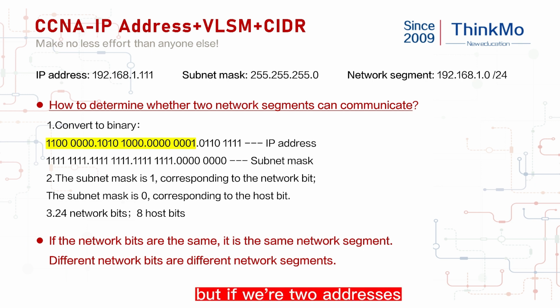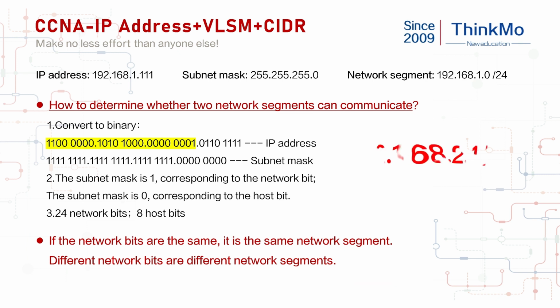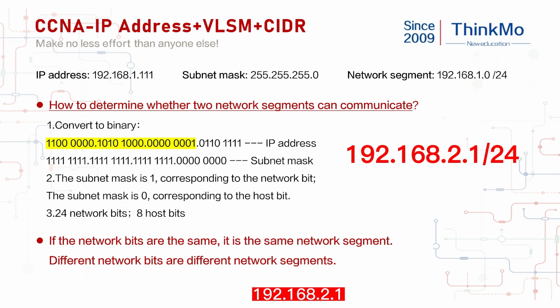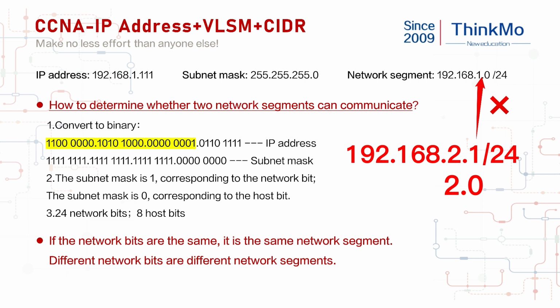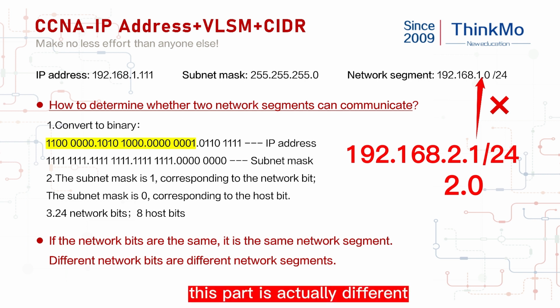But if for two addresses, for example, I now have 192.168.2.1, such an address also has a 24-bit mask. That is equivalent to the 2.0 network segment. It is not in the same network segment as 1.0. That is to say, this part is actually different.